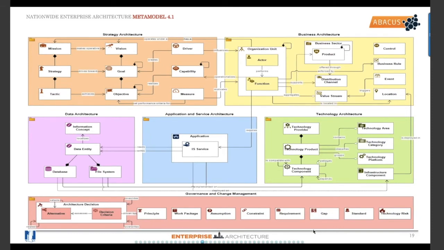one of the things that I do want to provide a little context about is our Metamodel, how we used it to take those questions and how we start approaching this problem. So as you can see in our Metamodel, we have quite a few sections: strategy architecture, business architecture, application, data, technology, and governance and change management.